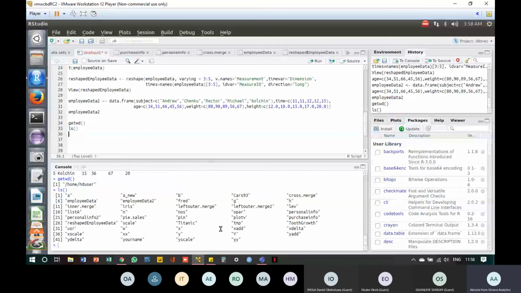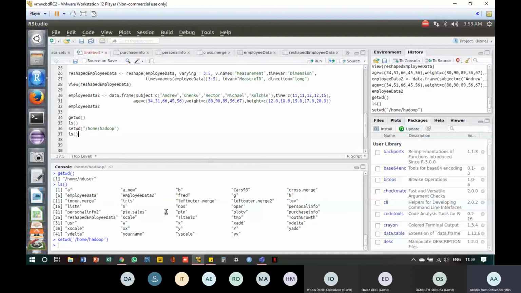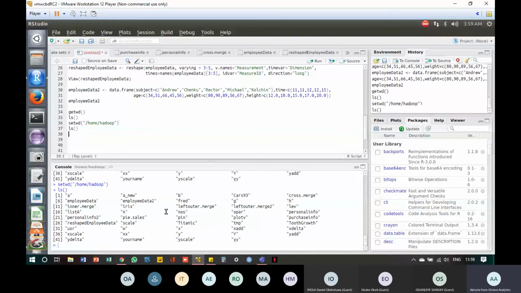Home/Hadoop. Okay, let me just check it from here. This shows only objects, right?